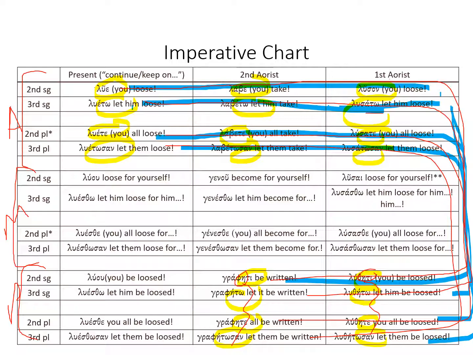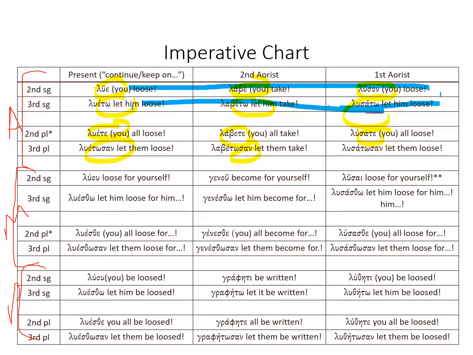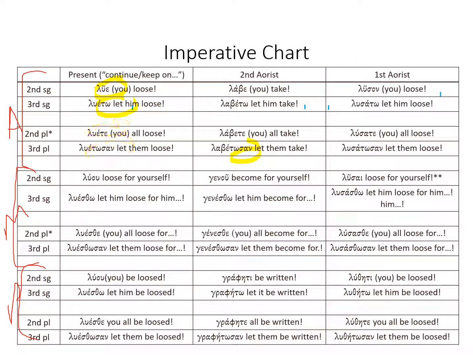Let's see if we can do the other half. Let me erase this. So that's son, t, to, te, toson. And if I have that ending pattern down, I can just go and plug in the tense formative for the second aorist, the eta here down in the passive, and the theta eta for the aorist passive. Otherwise, I am good. I know the differences in stem that might occur between the present and the aorist, and I'm good.